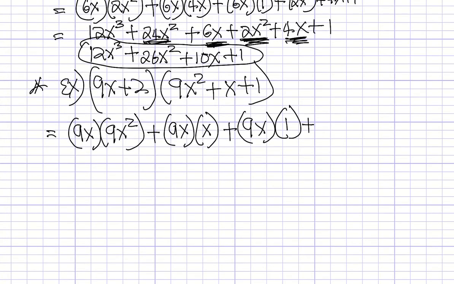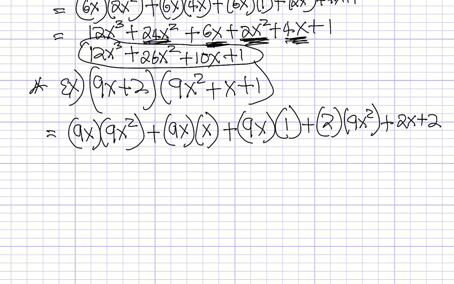Okay, you do with 2. 2 times 9x plus 2 times x and plus 2, because 2 times 1 is 2. So you simplify. Okay, you see it, right? Make sure you see what I'm doing.